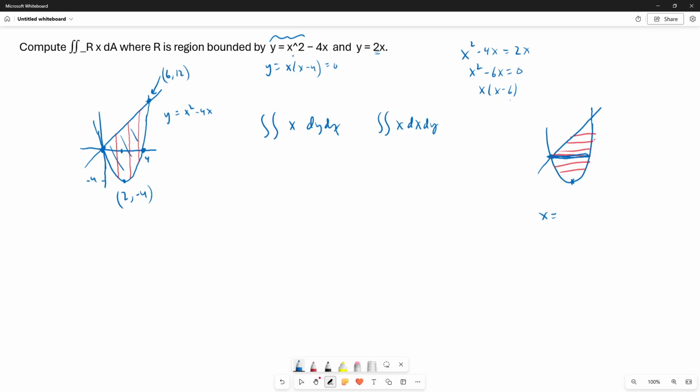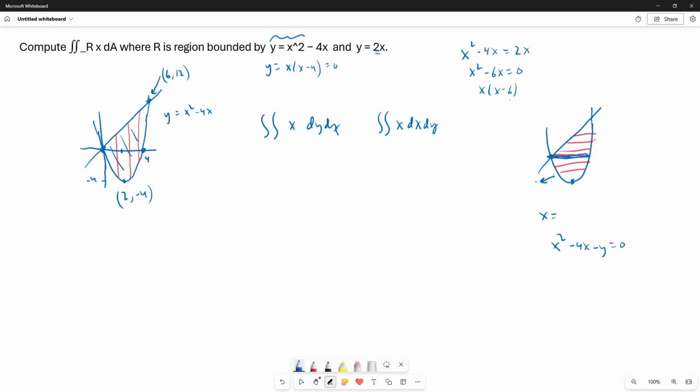That can be done by thinking of this as a quadratic equation, x squared minus 4x minus y equal to 0, and solving for x, we'll get two solutions. One of them would give us a formula for the left half of the parabola, and the other would give us a formula for the right half.